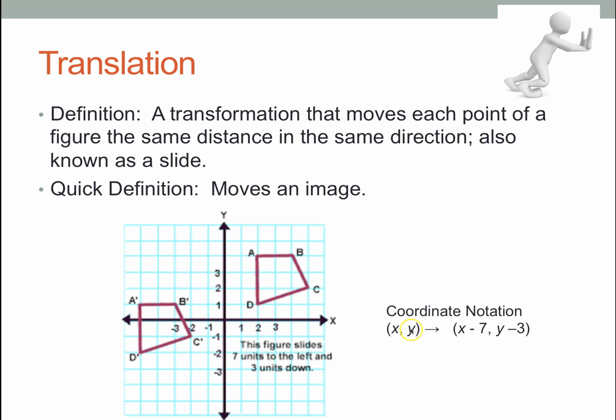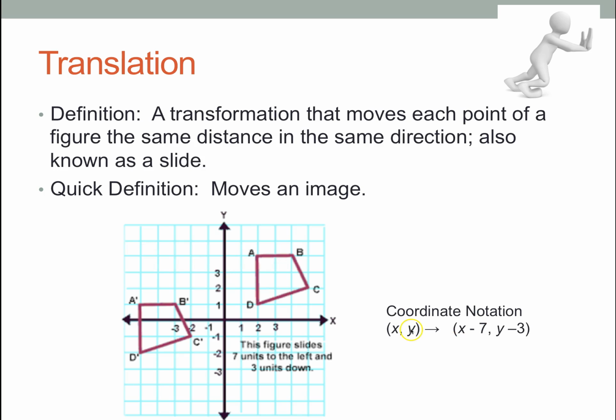And then y becomes y minus 3 because we're moving down 3. So if you're moving up and to the right, it's positive. If you're moving down or to the left, it would be negative. Replay that if you're not sure. That's a pretty important concept.